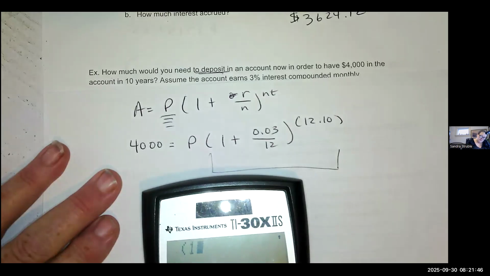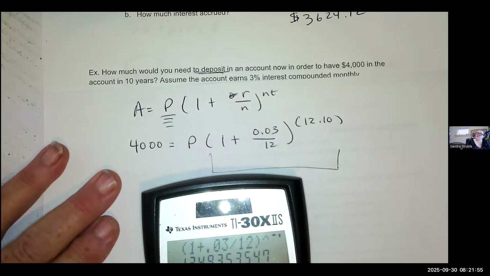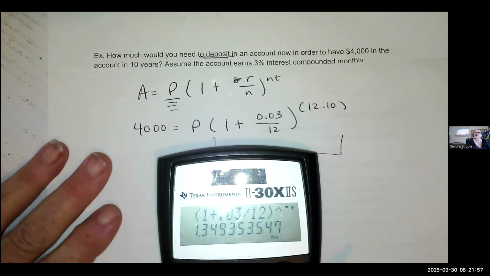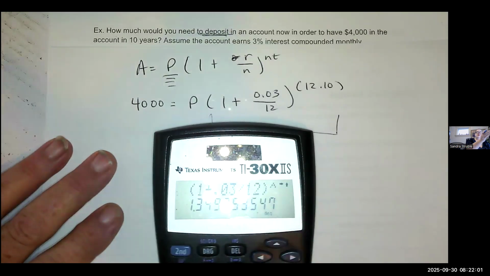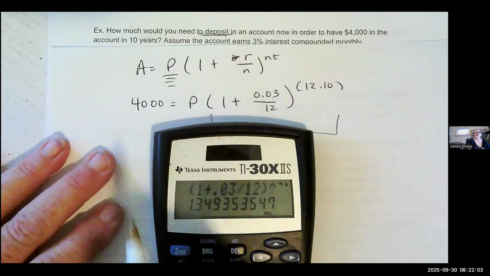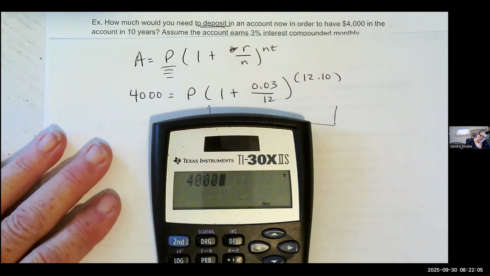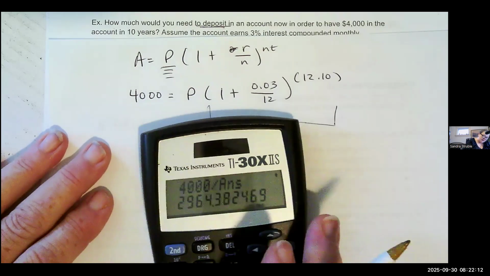So parenthesis 1 plus 0.03 divided by 12, close, caret, open, 12 times 10, close, equals, pause. All right, so this is what I have. I'm not writing this down. This is just the gibberish from the right side. Now I pause myself, and type in 4,000 divided by second answer equals. And you need to pause it.